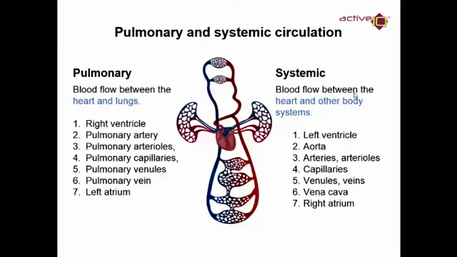And once we have gotten rid of the oxygen, which is happening here, see where it's changing from red to blue? That's us getting rid of the oxygen and giving it to the muscles. Then we turn back blue, and we're coming back to the heart through veins and venules. Venules are just smaller veins. Eventually we get to the vena cava, and we come back to the heart.